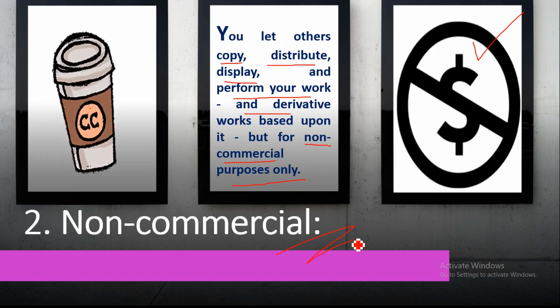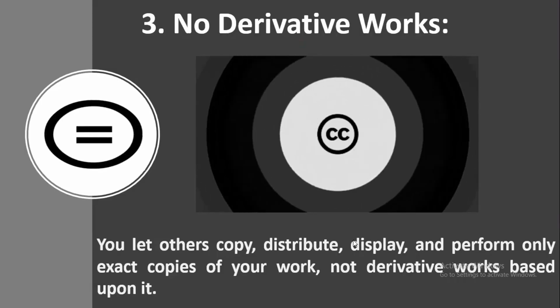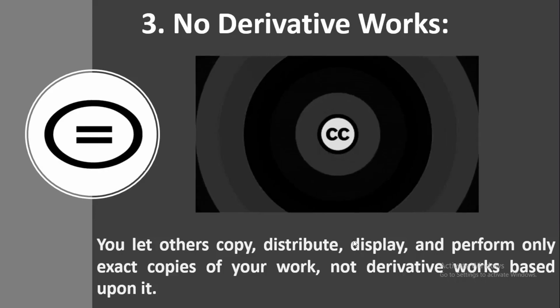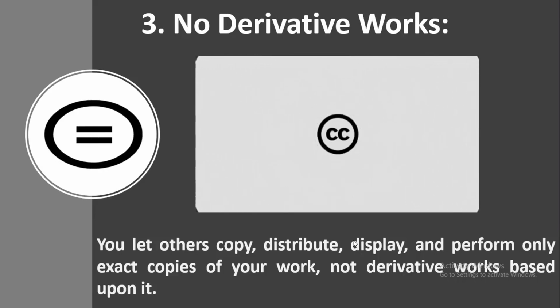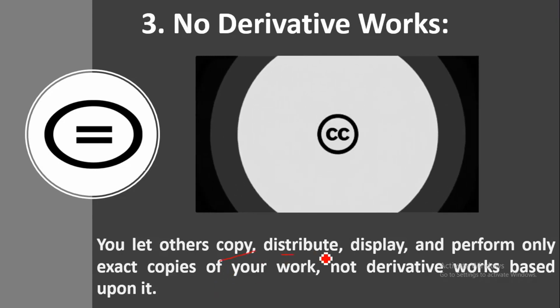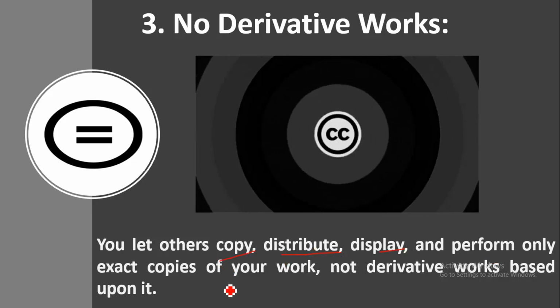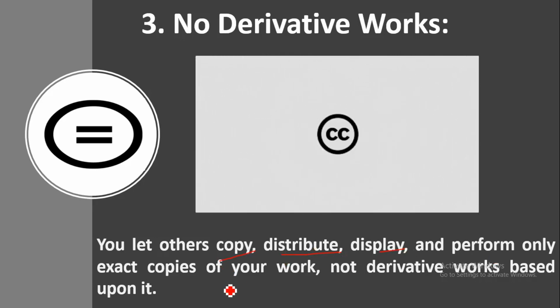The third one is no derivatives. As I have already told you, no derivation means that you are not allowed to derive from my work. You can copy my work, distribute it, display it and perform exact copies of it. So if I give you a presentation or a Word file, you can use it in the same way.